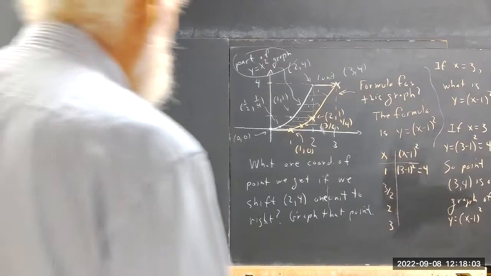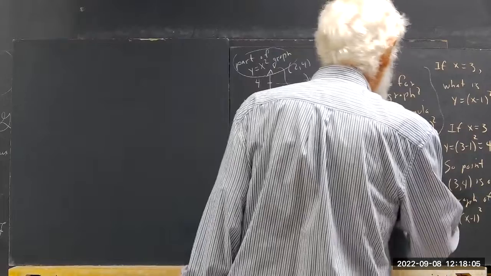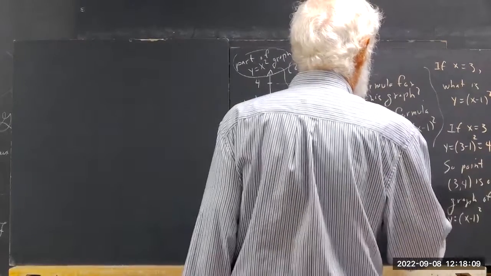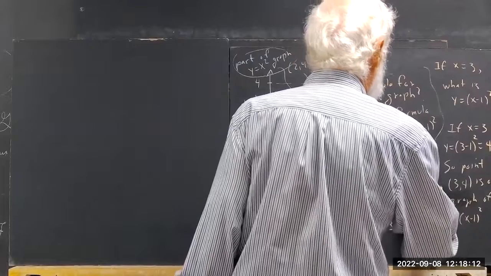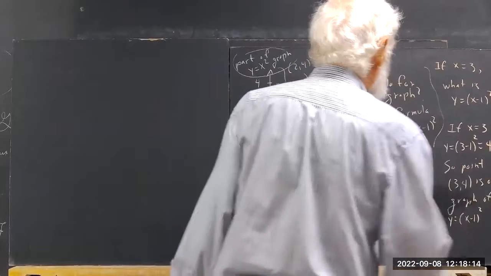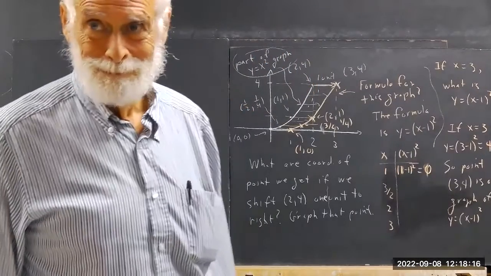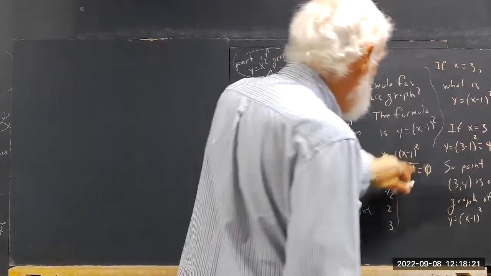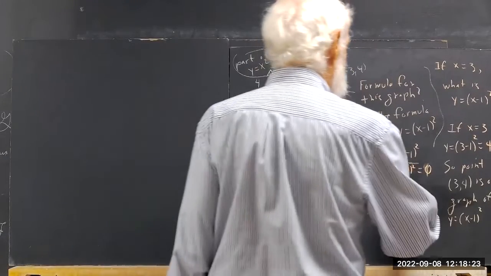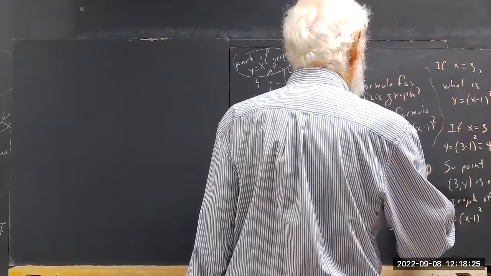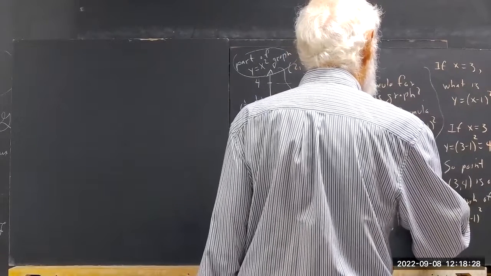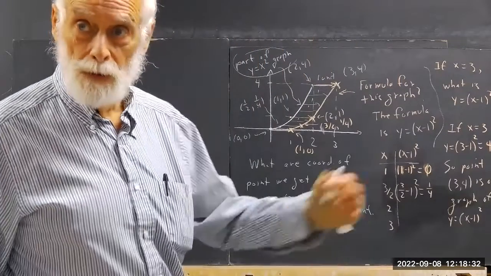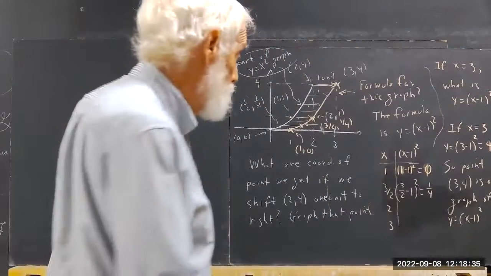Okay, I did a really bonehead thing here. I did 3 minus 1 squared over here, so I wrote 3 minus 1 here, but x wasn't 3, it was 1. That would have been 0. And then if x is 3/2, that's going to come out 1/4, because 3/2 minus 1 is 1/2. Square that, you get 1/4.